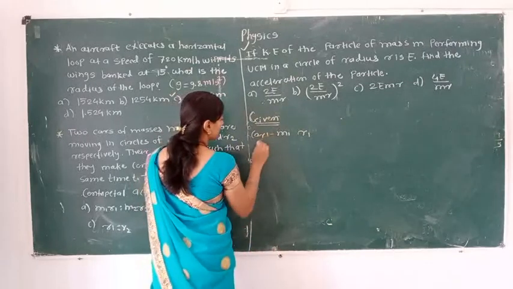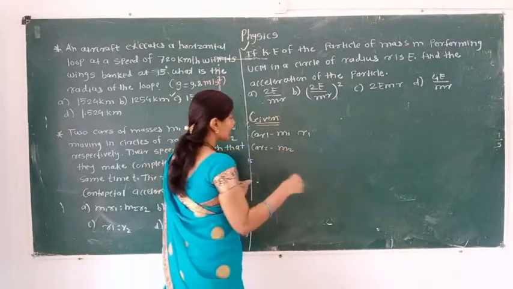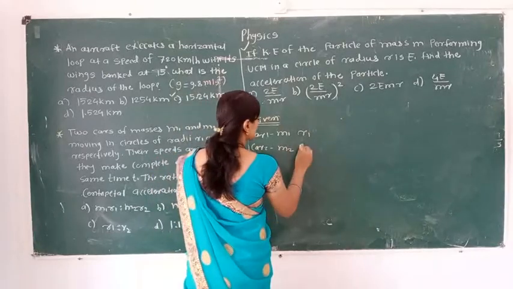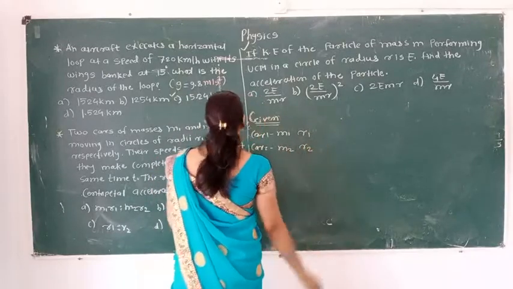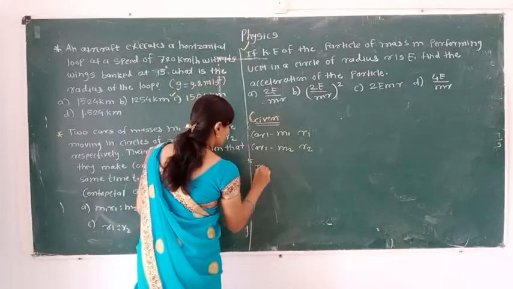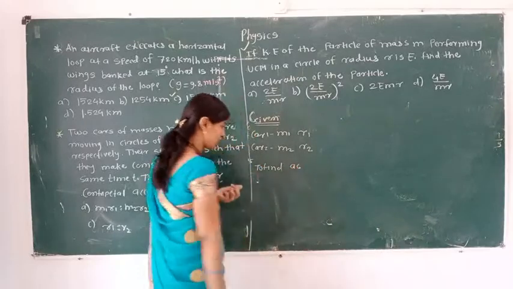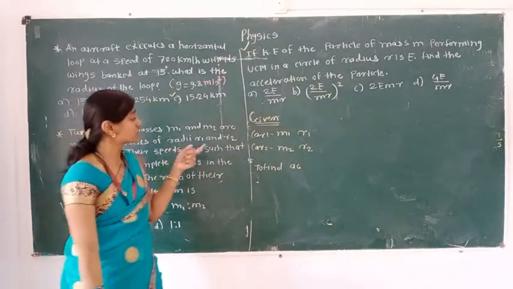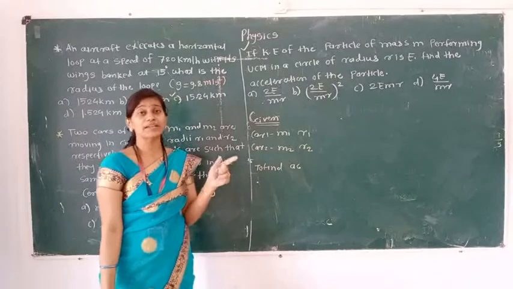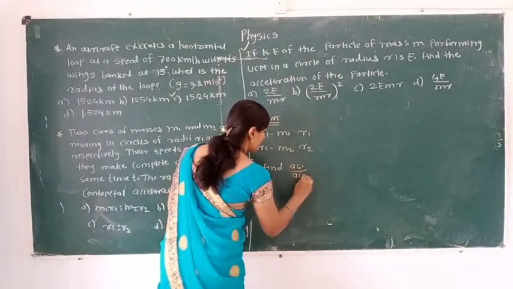Similarly, for car number 2, the mass is m2 and the car is revolving in a circle having the radius r2. Here we have to find the ratio of the centripetal acceleration of the first car to the centripetal acceleration of the second car. So AC1 divided by AC2.